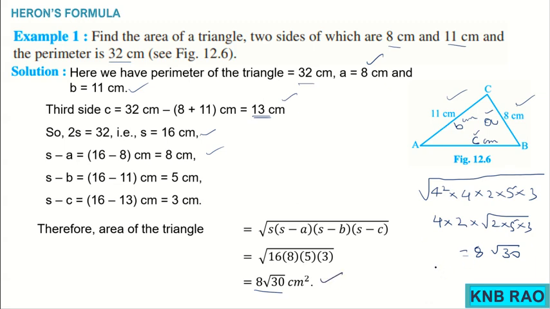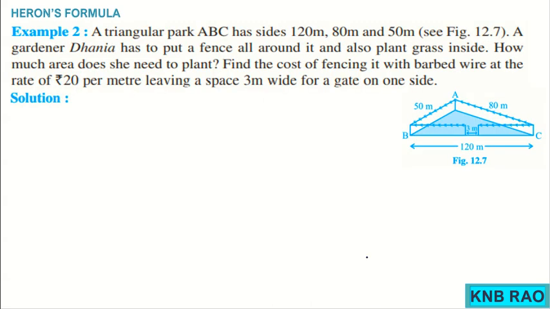Now let me explain to you one more important example based on the same concept. Example number 2: a triangular park ABC has sides 120 meter, 80 meter, 50 meter as shown in figure 12.7. So it's a triangular shaped park.